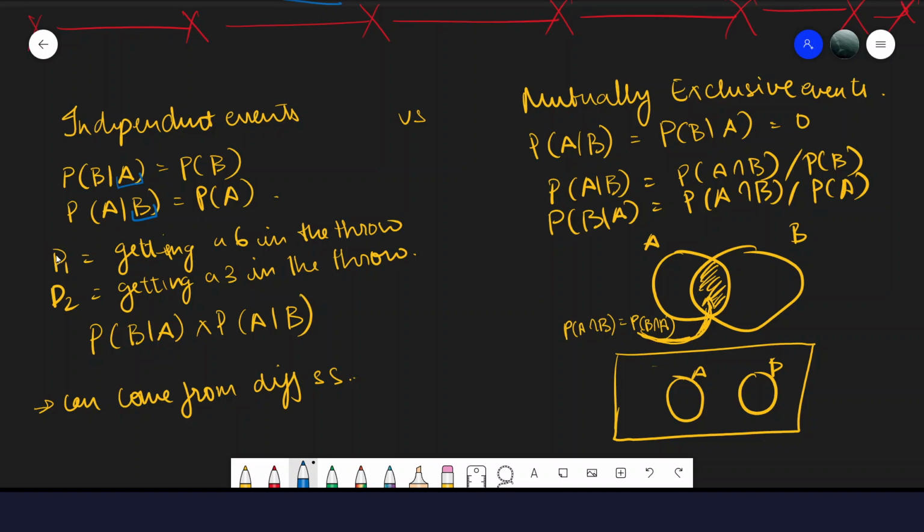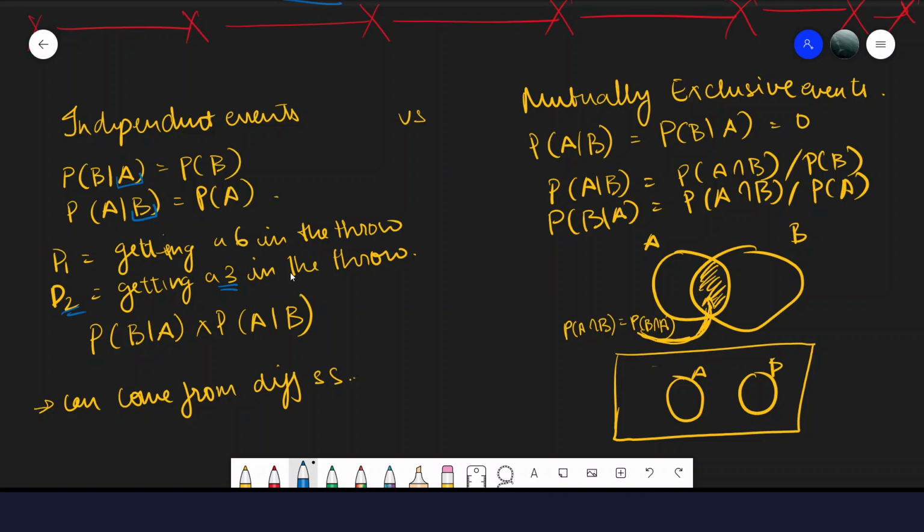Let's take an example where we are throwing two different dice together. For die one, we want to find the probability of getting a 6 in a throw, and for die two, the probability of getting a 3. Obviously, if I'm throwing them together, the fact that I get a 6 on the first die has nothing to do with what number I get on the second die, which shows that these are independent events.